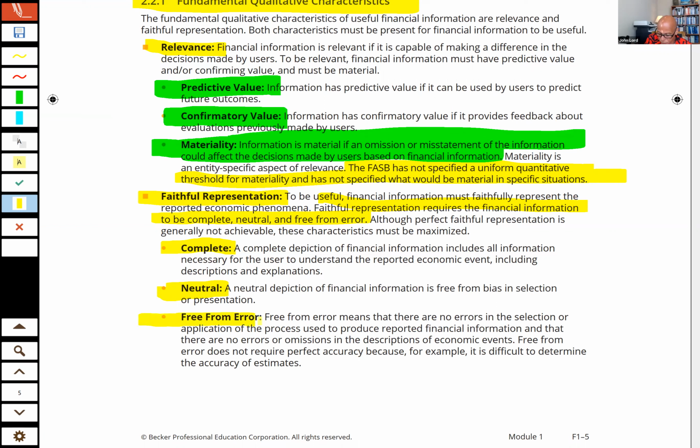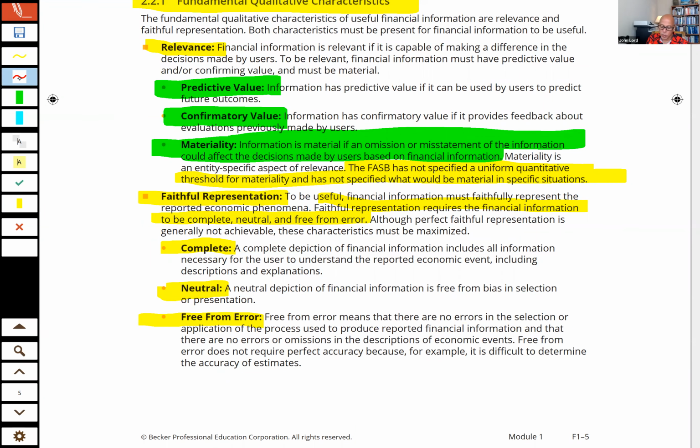And there should be freedom from error. Now, look, nobody can guarantee freedom from error, but it means that we should have due diligence. We should have internal controls and whatnot that will try to prevent or detect errors. Nobody's infallible, but you should at least strive for freedom from error.